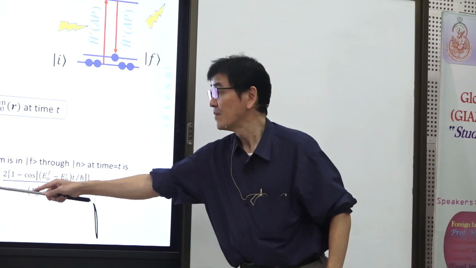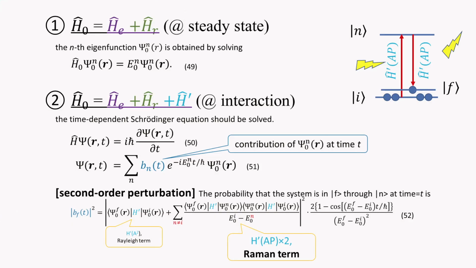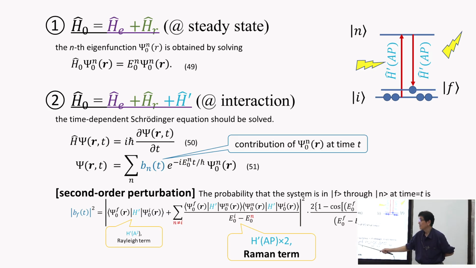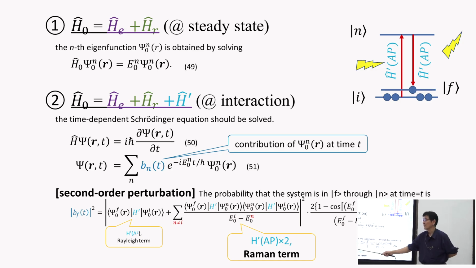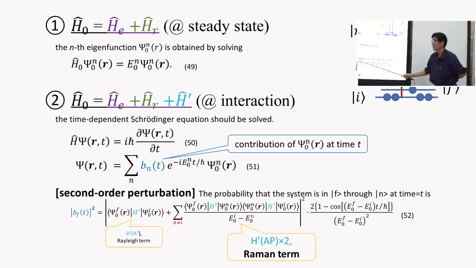And this is expressed in this way. The interaction Hamiltonian appears several times. The first term corresponds to the result of the first order perturbation, and it corresponds to Rayleigh scattering. The Raman scattering comes from the second term.